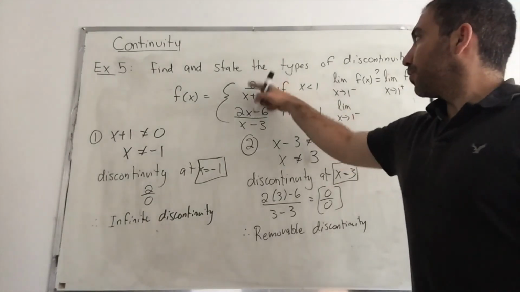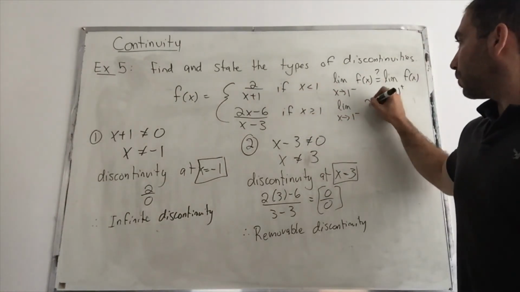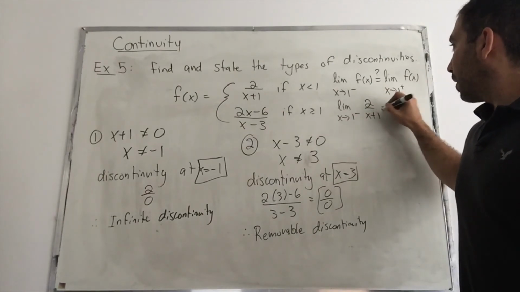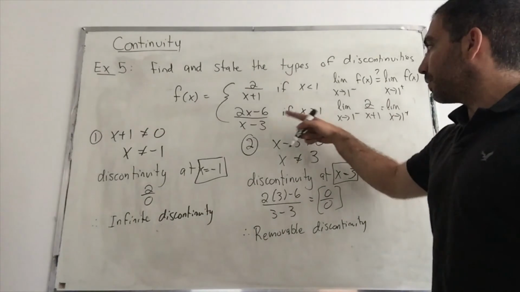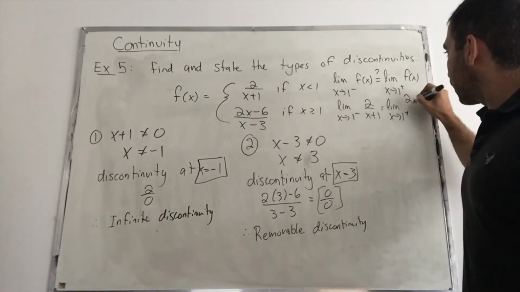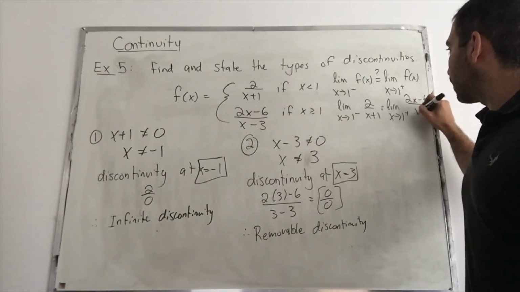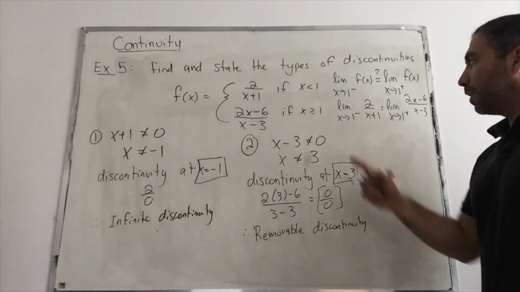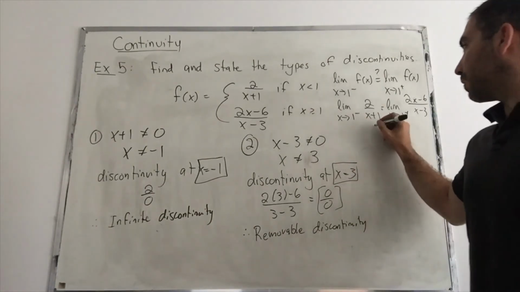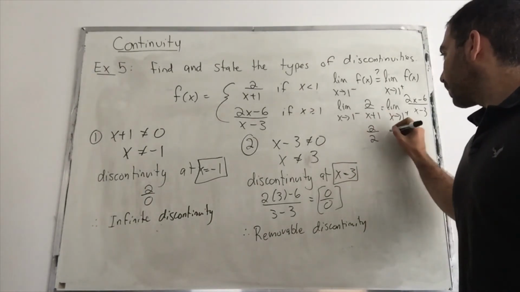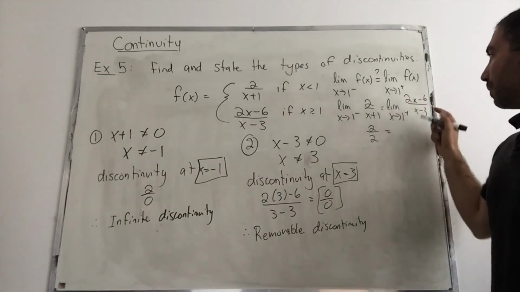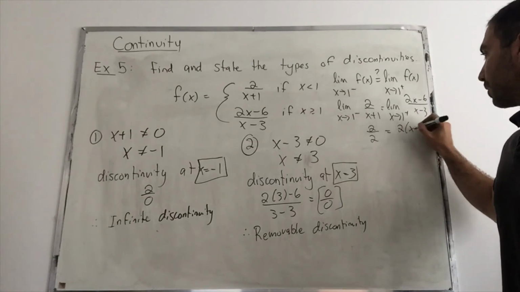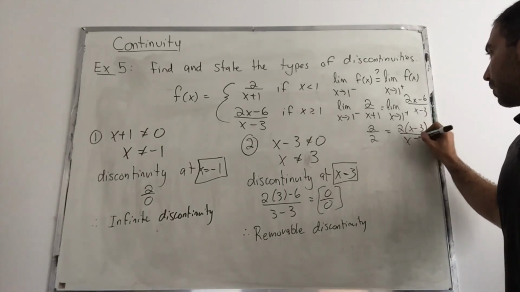we're using the top function because it's smaller than 1, 2 over x plus 1. And here we're using the right side of the limit. By now we should be comfortable with this. We've seen this multiple times. 2x minus 6 over x minus 3. Okay. So substituting x with 1 here, you get 2 over 2. And is that equal to, here what you could do is factor out a 2 on top, and you're going to be left with 2 times x minus 3 over x minus 3.